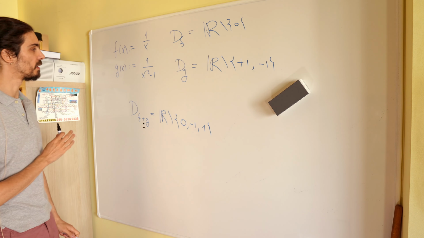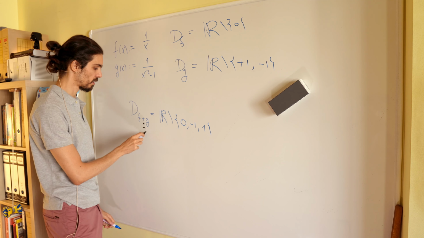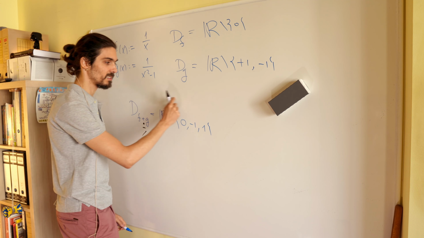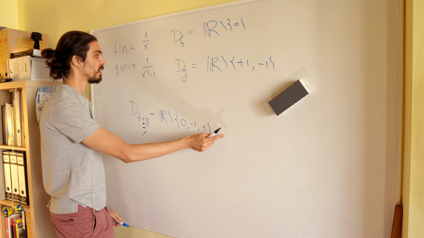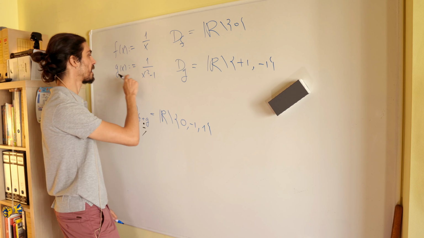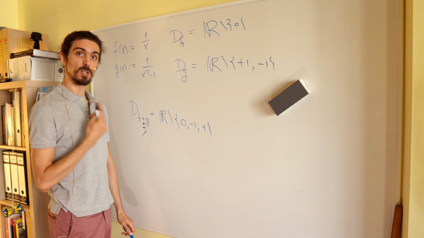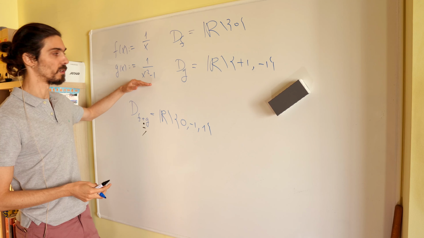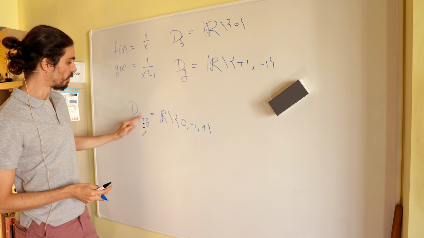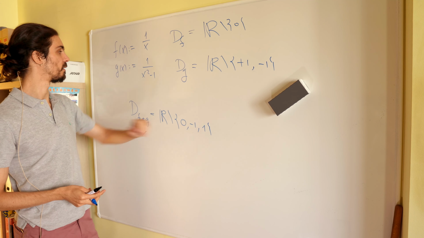What about the division? Is this the same thing? The division is this thing plus an extra. The extra being you need to remove those x's that make the denominator 0. But you see, this denominator is never 0. This function never takes the value of 0. And so, for these 4 operations, the domain is always the same thing. Okay?